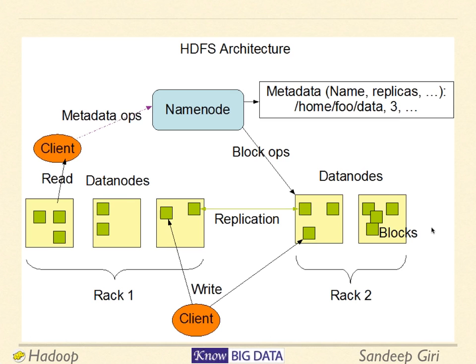Whenever a transaction happens at the name node, it writes to the disk in the form of transaction logs, and those transaction logs, the backup copy of those, are available to the secondary name node, and the secondary name node keeps on preparing itself to almost the real-time state.